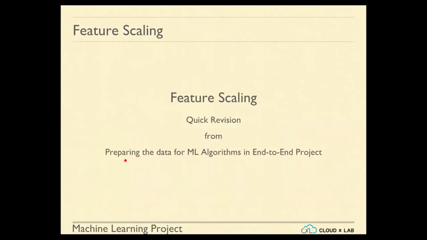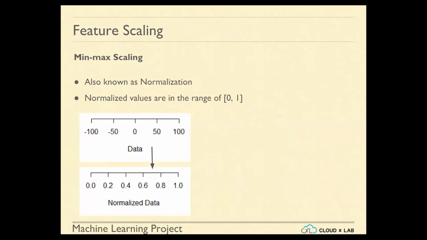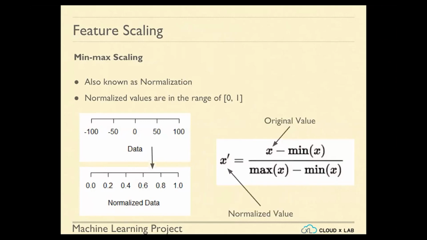Okay, so feature scaling, a quick revision. I think you don't need a revision. Basically, there were two kinds of scaling: min-max and standardization. Min-max is basically pulling the minimum value to 0 and the maximum value to 1, and everything in between. So we find the range; we first subtract the minimum and then divide by the range.